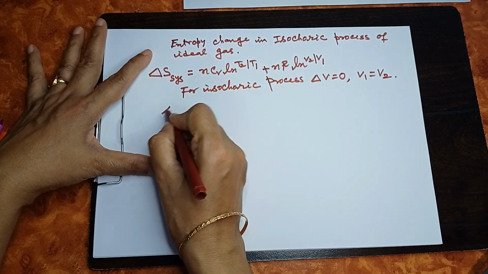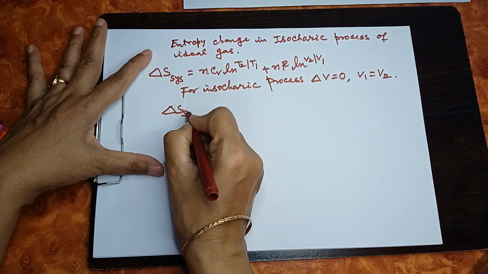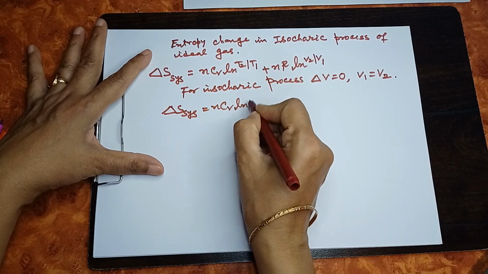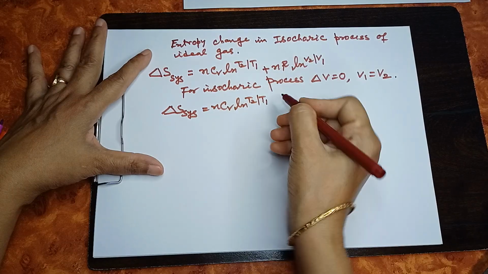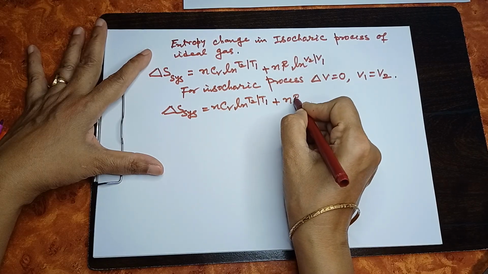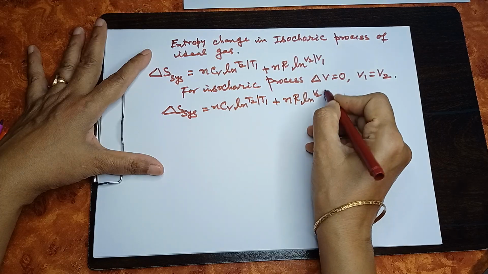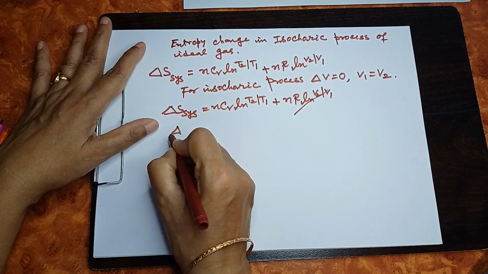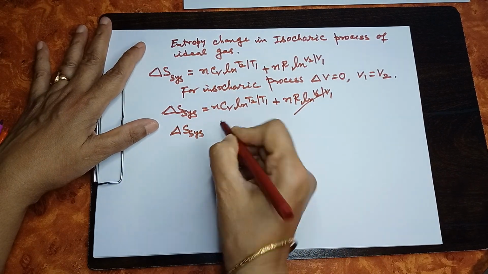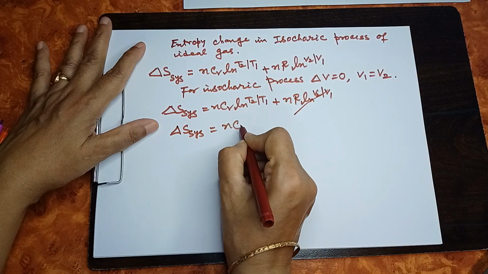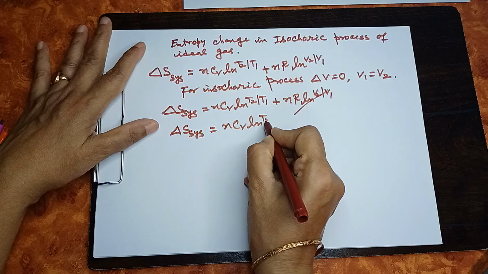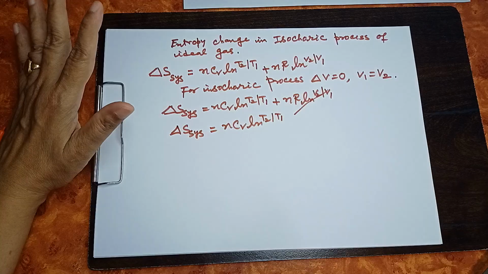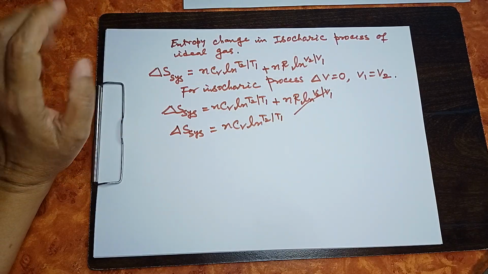So in that case, delta S system, which is equal to NCV ln T2 by T1 plus NR ln V2 by V1, this part is getting cancelled. So delta S system is equal to NCV ln T2 by T1.